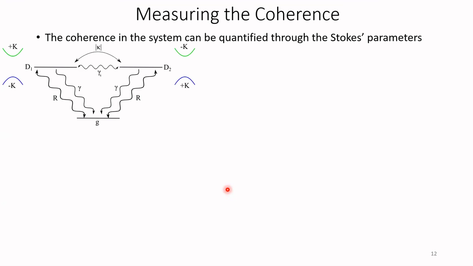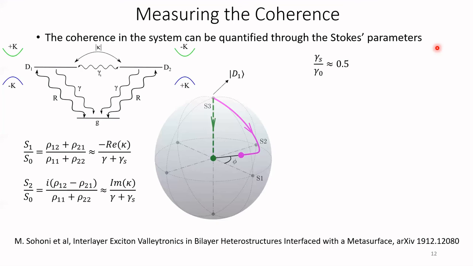Since the polarization of the emitted photons contains all the information, the natural metric to quantify the coherence would be the Stokes parameters. For experimental considerations, we've added an incoherent bidirectional pump so that a steady state would exist, and you could actually see the trajectory of the state.